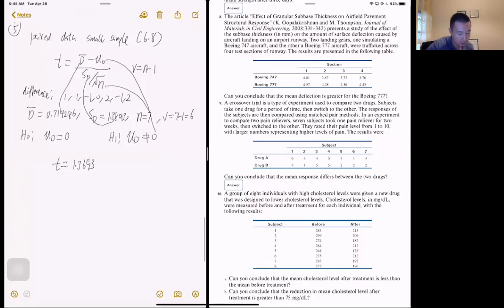So depending on how H1 is stated, H1 says mu D not equal to 0, so the p-value will be the sum of the two tails for plus or minus 1.3693 t-value.